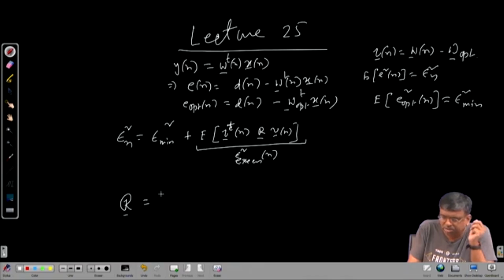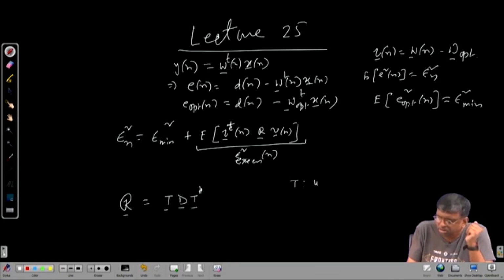If I put them side by side, this matrix is T. R can be written as T, then a diagonal matrix D, where D consists of diagonal entries only, and those are the eigenvalues, which are not only real but positive, because it is a positive definite matrix. And then the same T Hermitian.